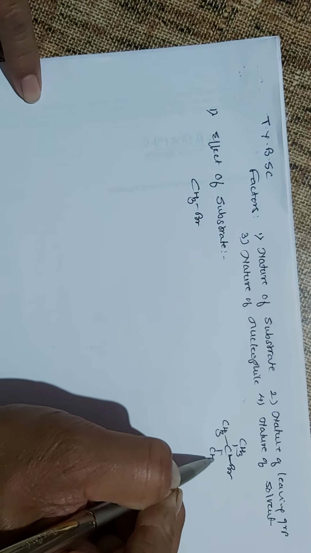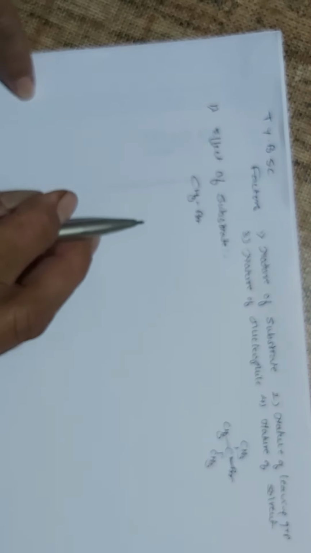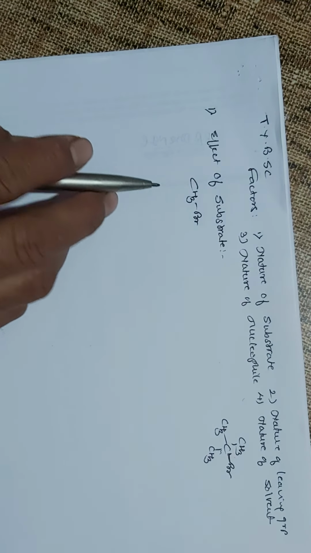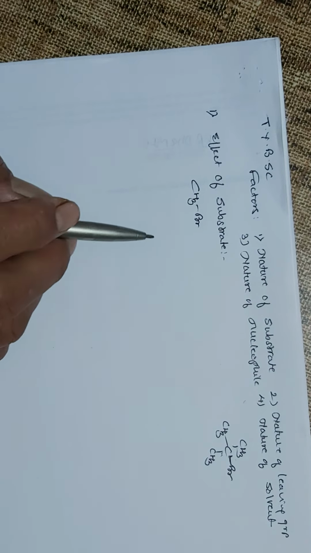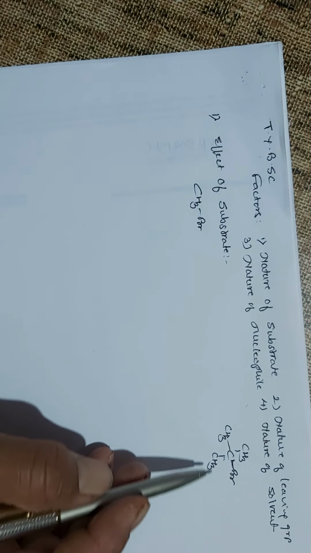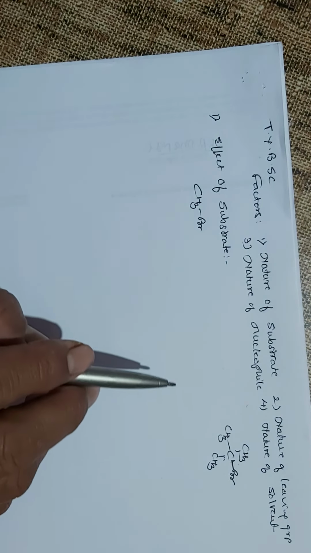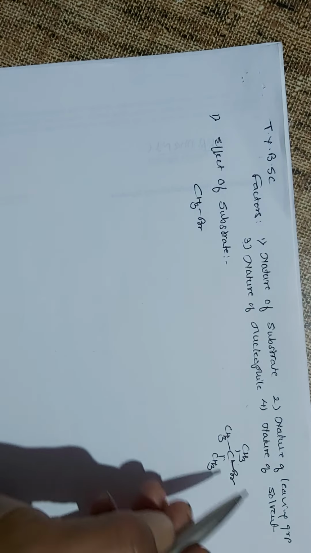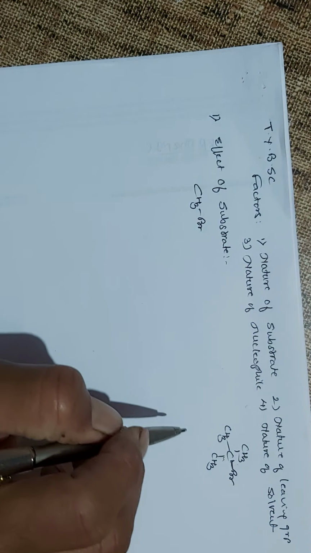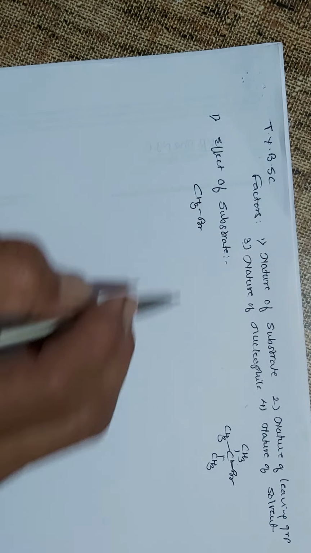If we compare these two substrate molecules, one is methyl bromide, having the carbon with 3 hydrogens. Here, this is the tertiary carbon where the 3 methyl groups are attached.